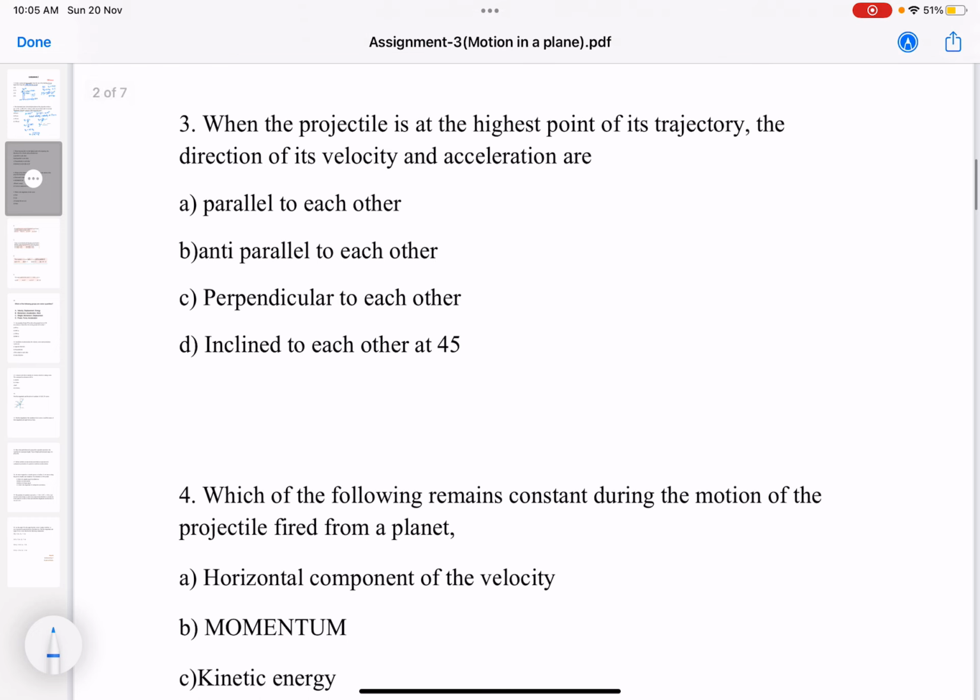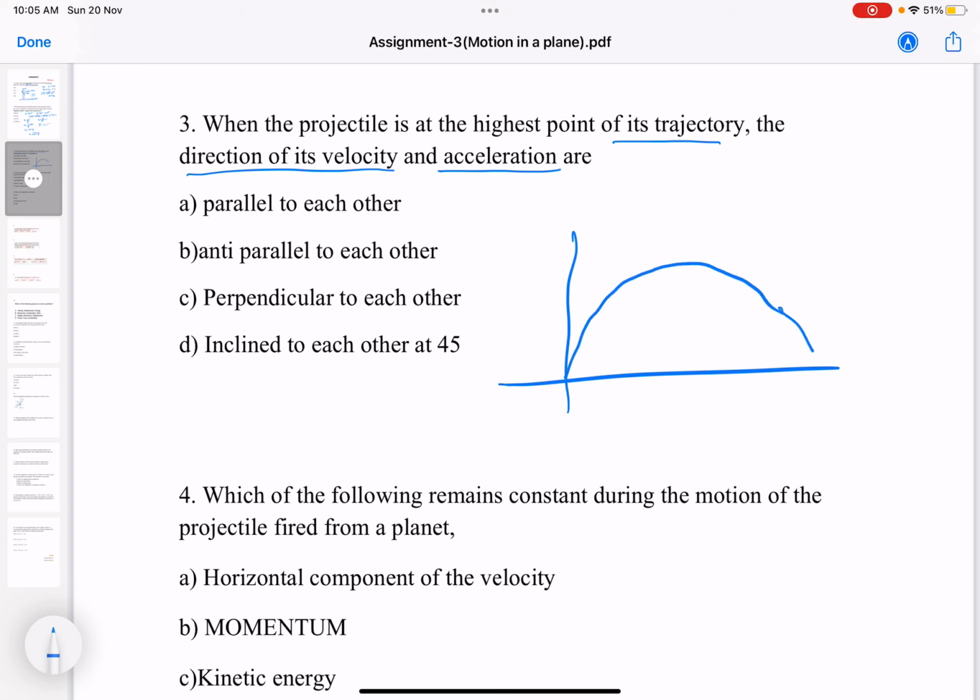Next, third one. When the projectile is at the highest point of its trajectory, the directions of its velocity and acceleration are. At the highest point of the trajectory, we know the vertical component of velocity is equal to 0. There exists only the horizontal component of velocity, and that is always constant because acceleration along the x-axis equals 0.